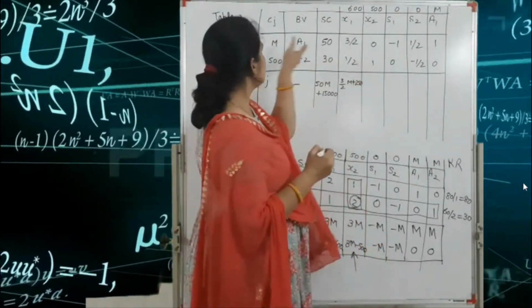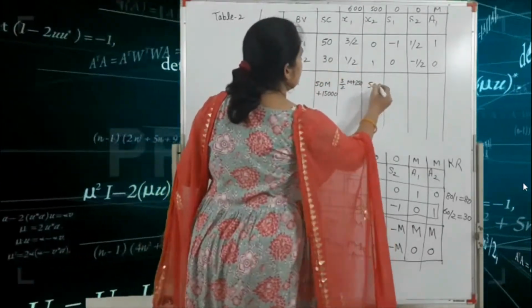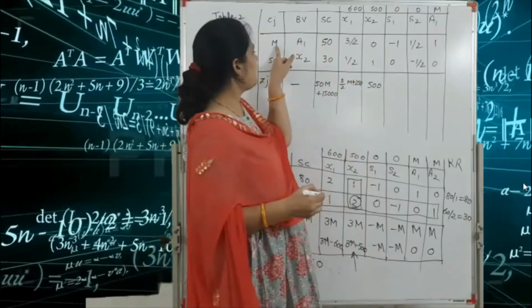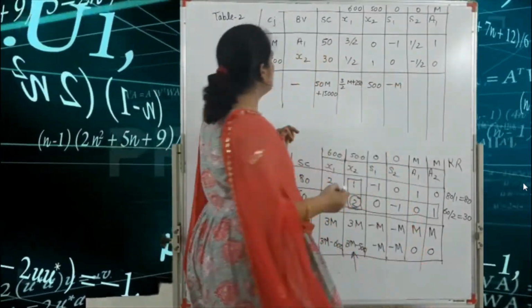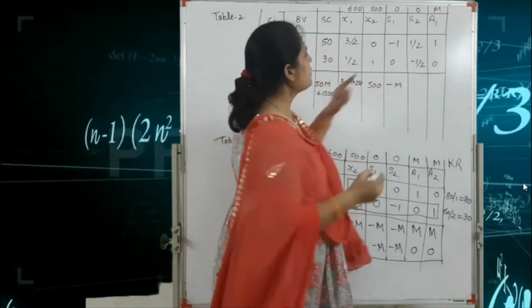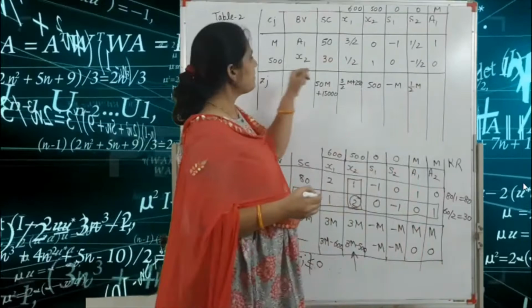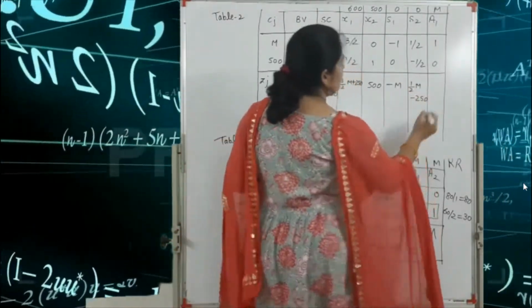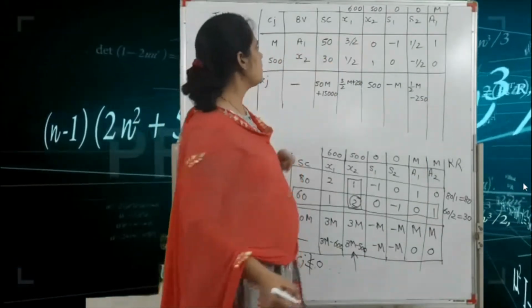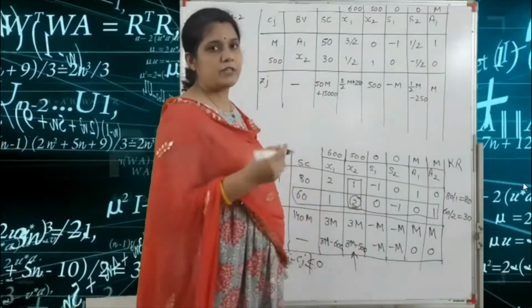Okay, 0 into M, that means 0 plus 500, so we write here 500. Minus 1 into M plus 0 into 500, so we write here minus M. Okay, M into 1 by 2, that means 1 by 2 M plus 500 into minus 1 by 2, that means minus 250. Got it? M into 1, that means plus M, and plus 500 into 0, that means 0.